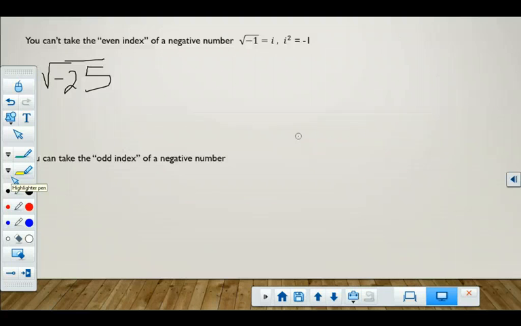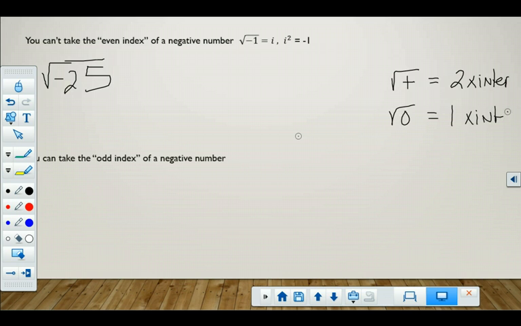In other words, square root of a positive number is equal to 2 x-intercepts. The square root of 0 is equal to 1 x-intercept. And the square root of a negative number is equal to no x-intercepts. 0 x-intercepts.